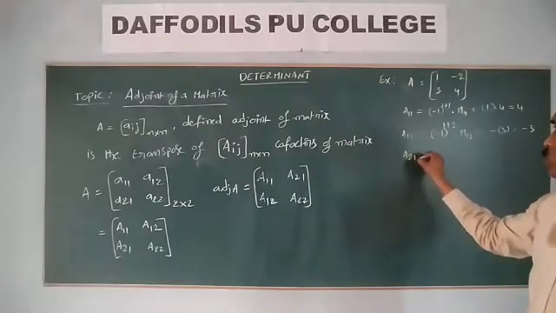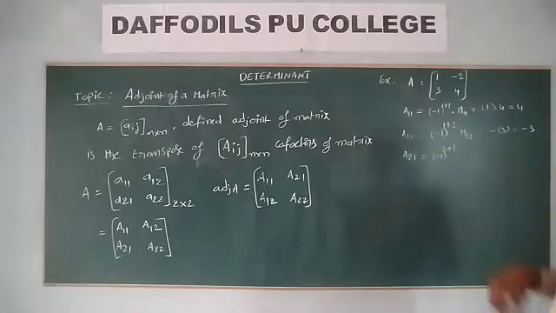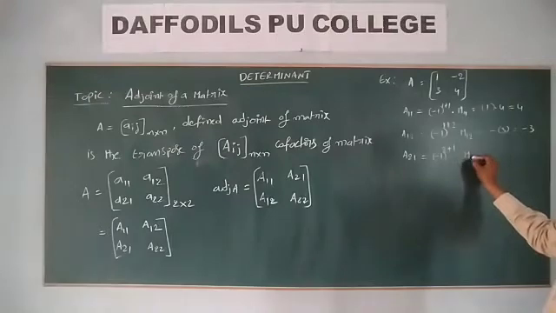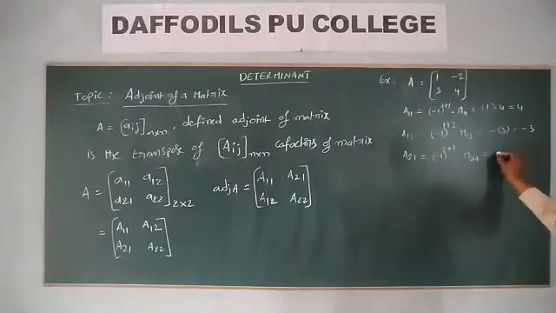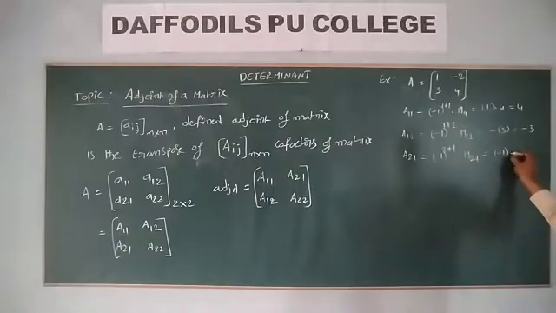Next, A21 is minus 1 to the power of 2 plus 1 times M21. Deleting this row and this column, the value is minus 2, so A21 is equal to 2.